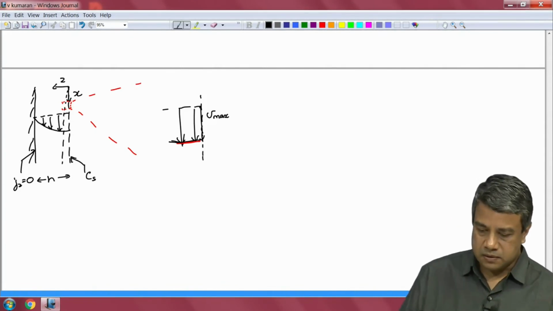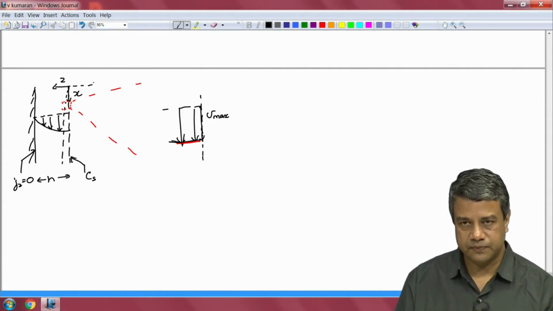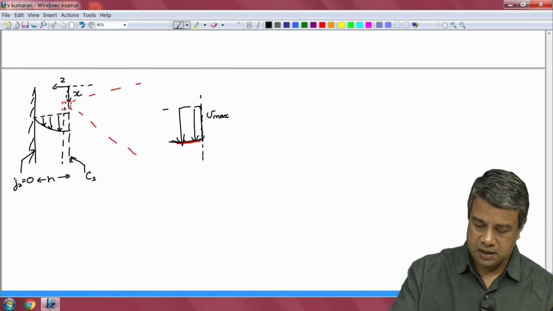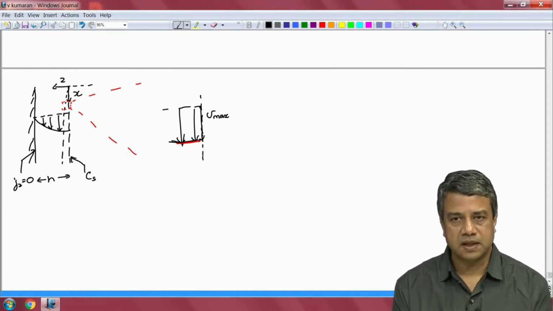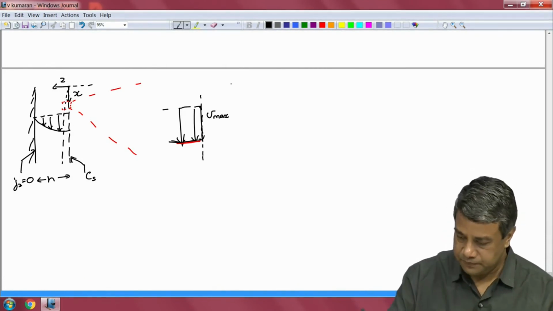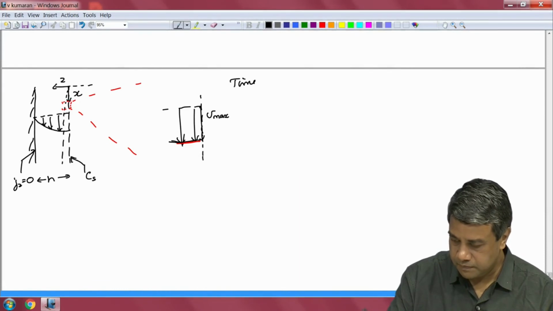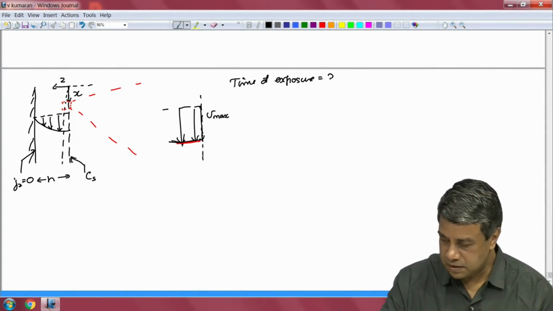So, the exposure to the solute starts at z is equal to 0, and as it progresses downwards, it gets exposed to the gas for a finite time. The time of exposure is going to be equal to x by V max.